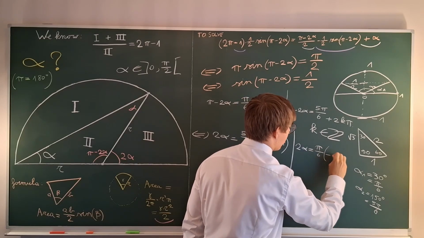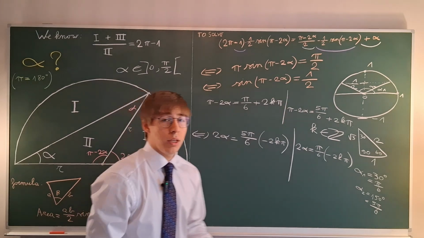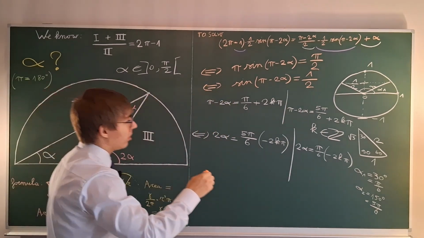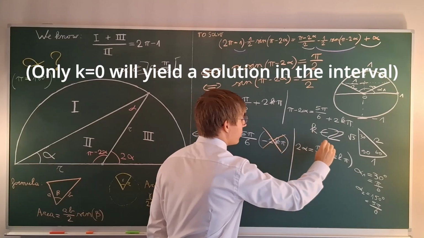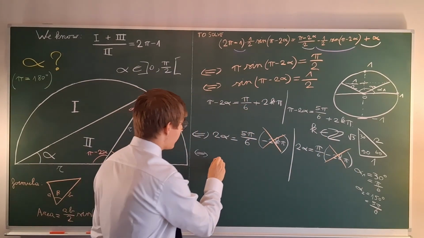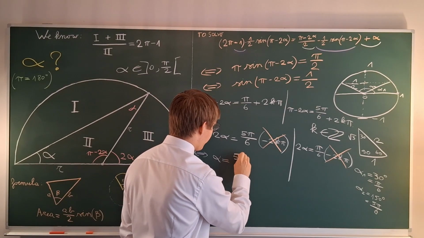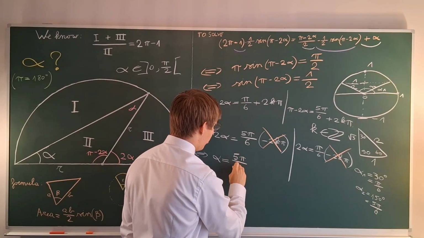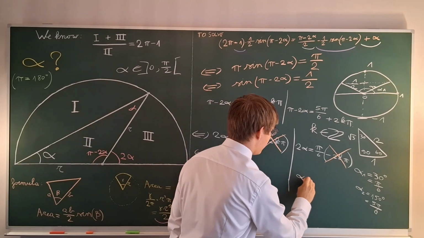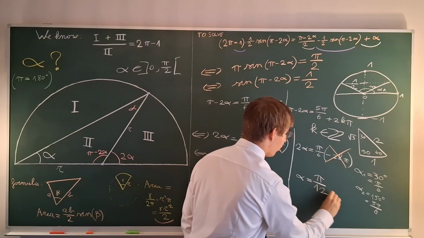minus 2k pi. But now notice that since we search the solution in this interval, we can just remove these two terms since they are irrelevant. And then we find that alpha is equal to 5 pi over 12, or alpha is equal to pi over 12.